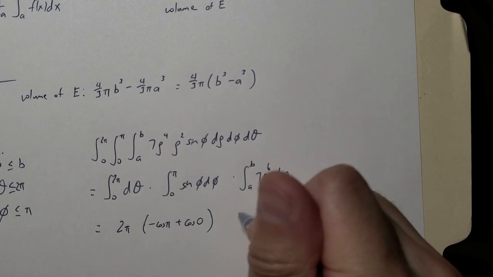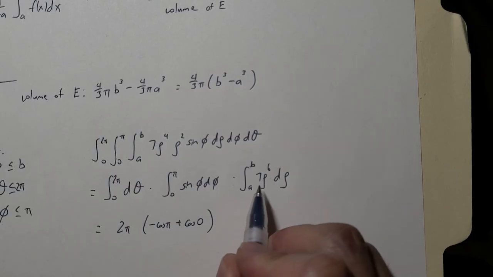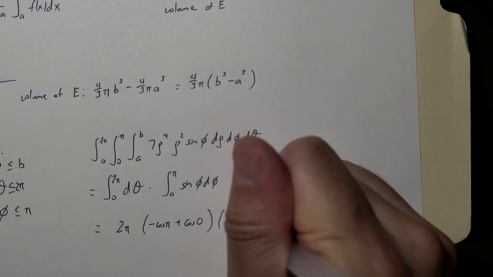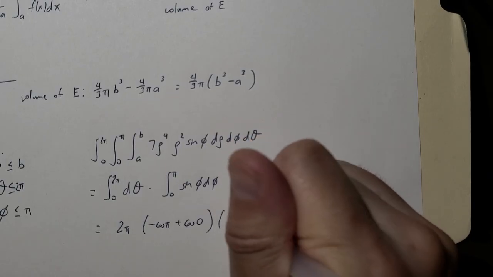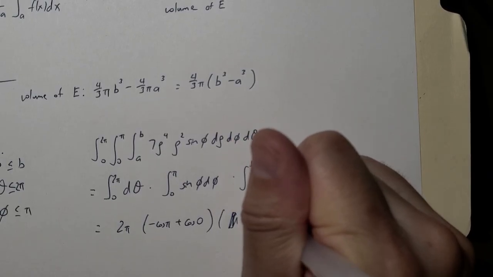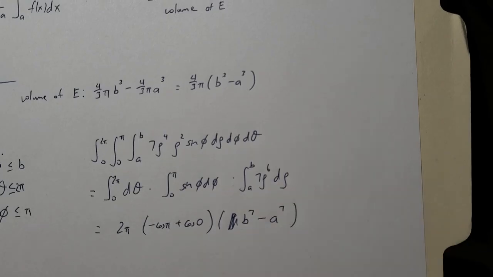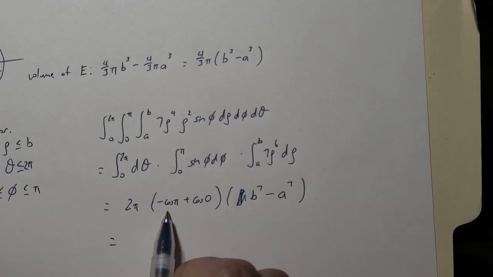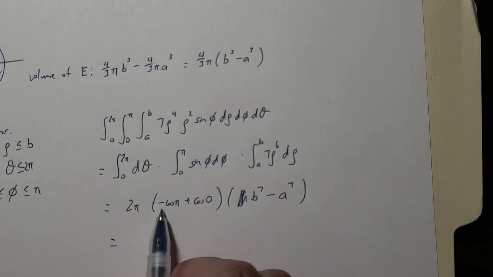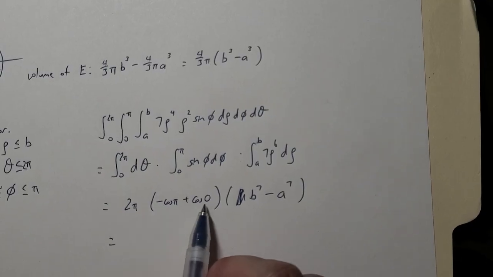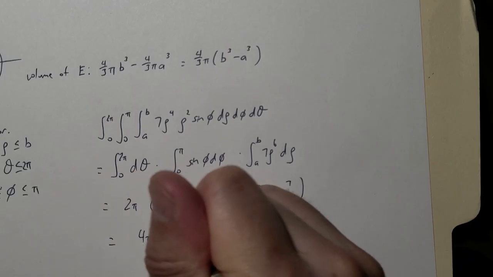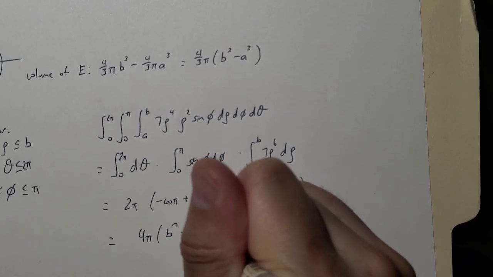And then this one would just be rho to the 7th over 7 times the 7, so it's rho to the 7th evaluated from A to B, so rho is B, so B to the 7th minus A to the 7th. Okay, so cosine of pi is negative 1 times another negative, so that's plus 1, this is 1, so it'll be 4 pi times B to the 7th minus A to the 7th.